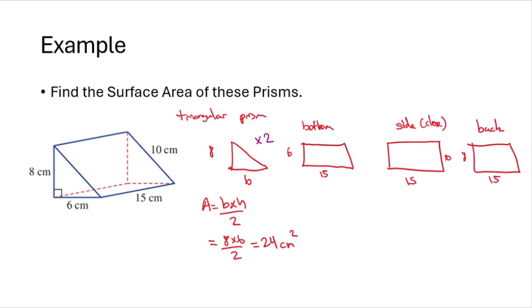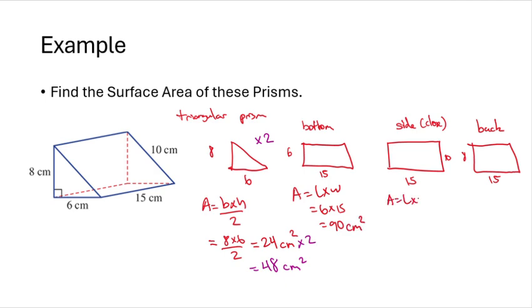Okay. So once you find the area of one triangle, multiply it by 2 now. So your new area for the two triangles is actually 48 centimeters squared. Okay. Now this is pretty obvious. Length times width, 6 times 15, that equals 90.